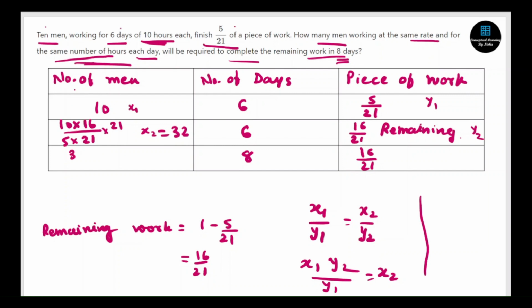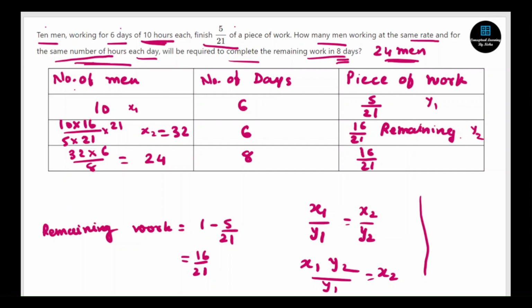So 32 x1 y1 equals x2 y2. So 32 into 6 upon 8, correct? And then what do we get? 24. So we'll get our answer: 24 men can complete the remaining work in 8 days. Please write your final answer in a proper statement.